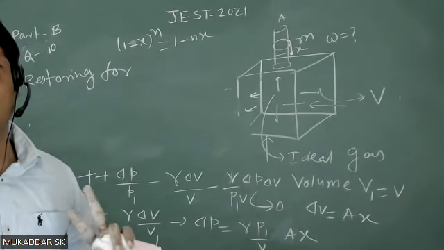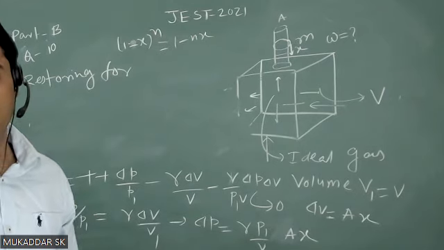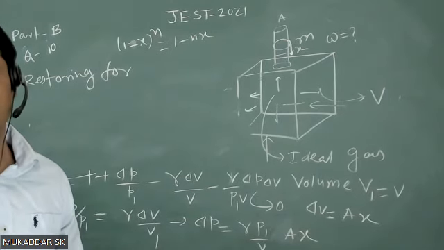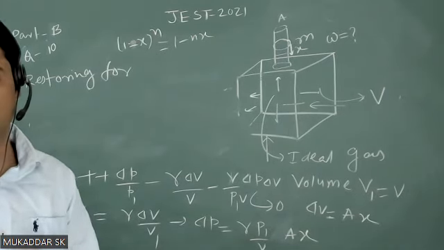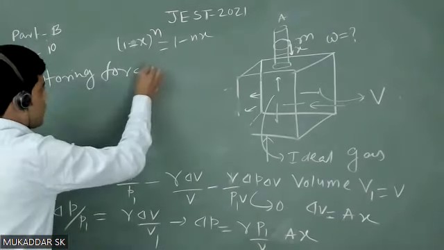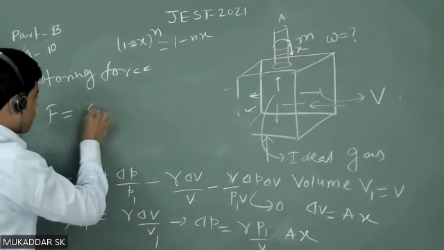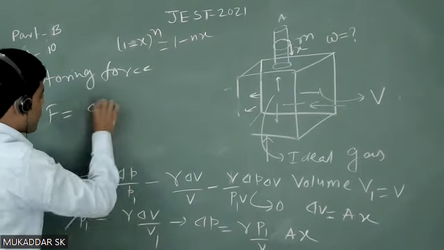So it means force will be nothing but pressure into area, and here that restoring force is arising because of excess pressure, that is ΔP. So I can write that restoring force F equals that excess pressure, that is ΔP into area.